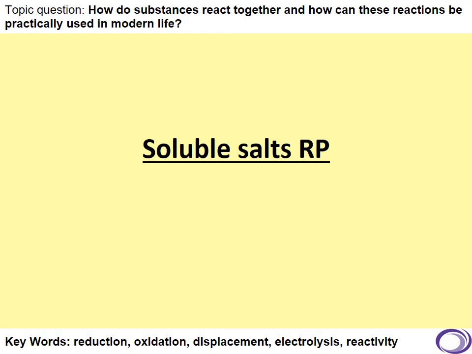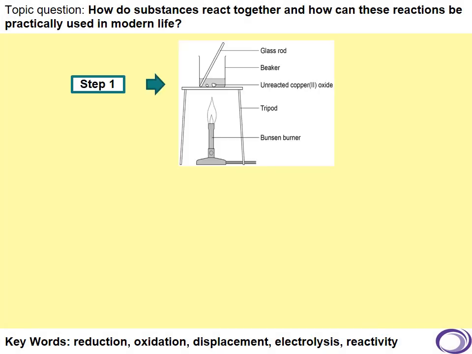Let's now have a look at this required practical for making soluble salts. So the first step would be to react copper oxide with an acid.